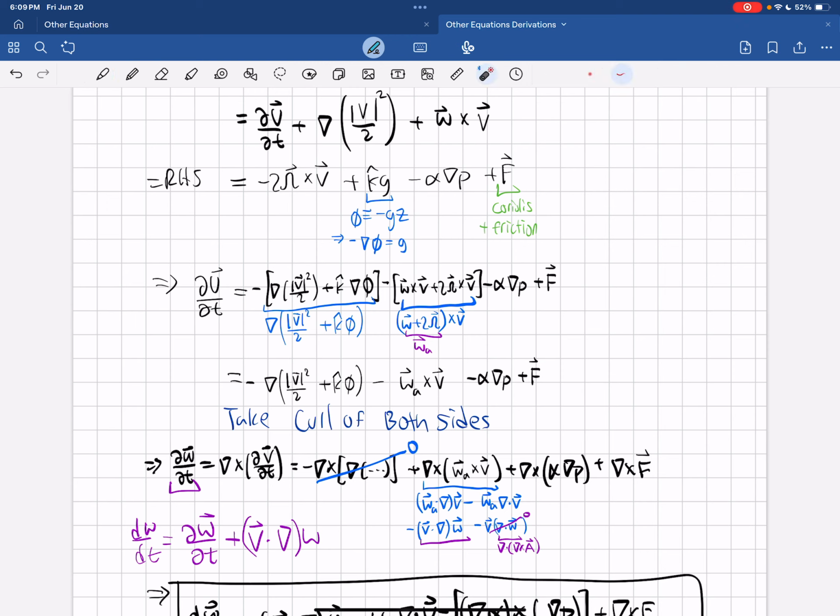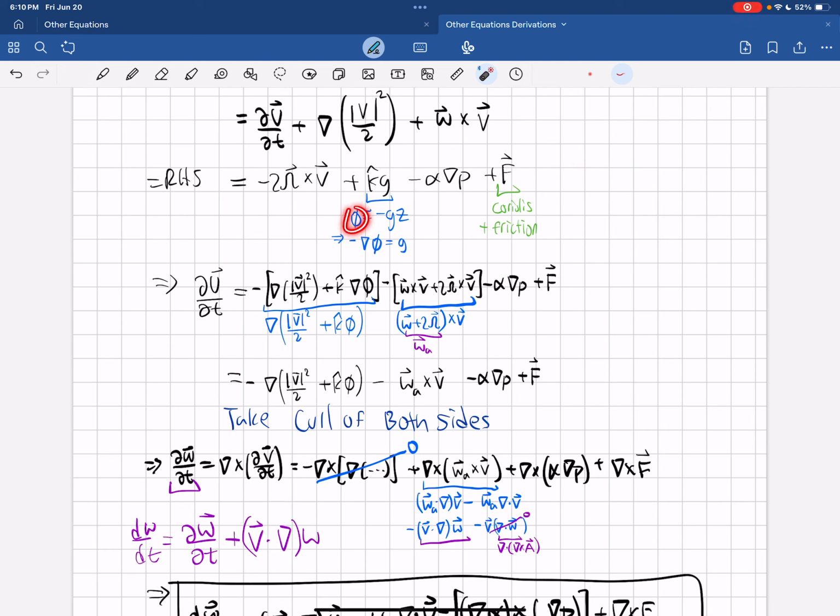You can define gravity as positive or negative, so to get a positive here I'll define it as negative gz, because I defined g as negative. Some people write minus k hat g.